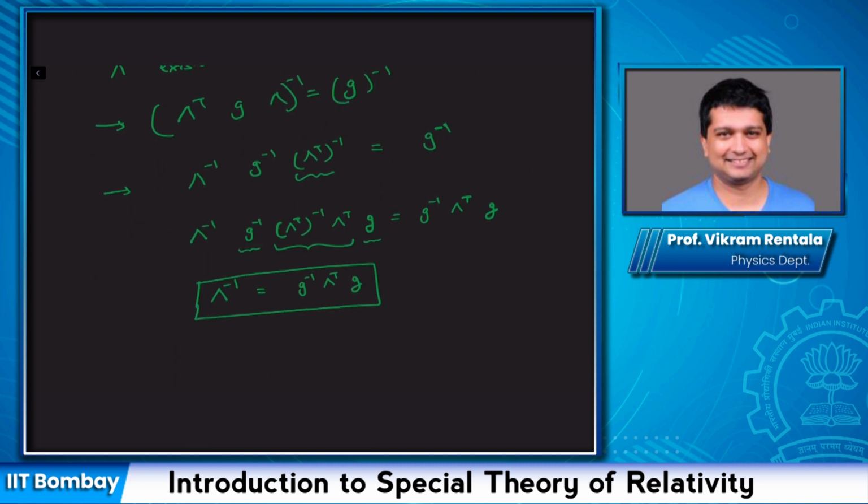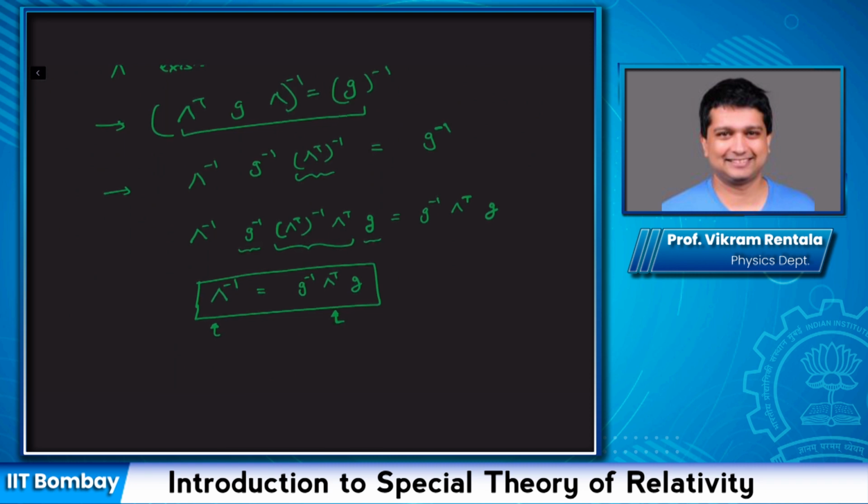All right, so what this has told us is that given the property that the matrices lambda satisfy, we have now found the matrix lambda inverse explicitly in terms of lambda transpose.